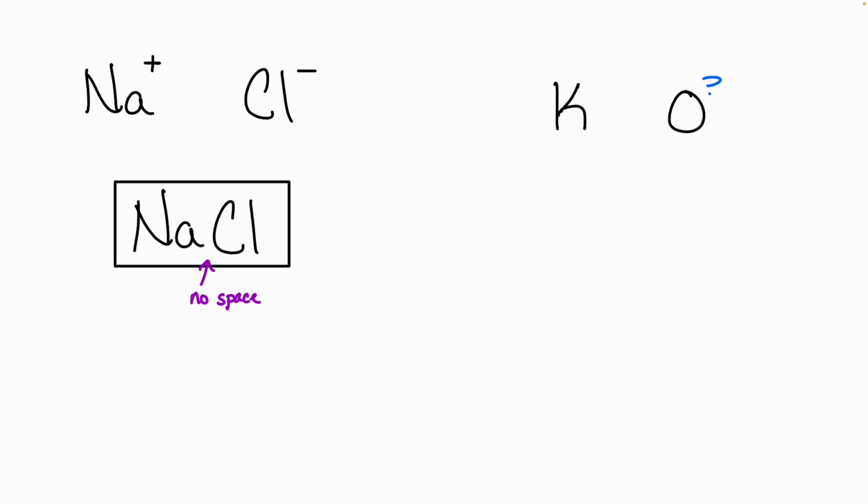Potassium lives in that same family as sodium, one of those alkali metals, so it's got a positive charge, +1. And what about the oxide ion, the oxygen's ion? -2. It's got those 6 valence electrons. It gains 2 more.